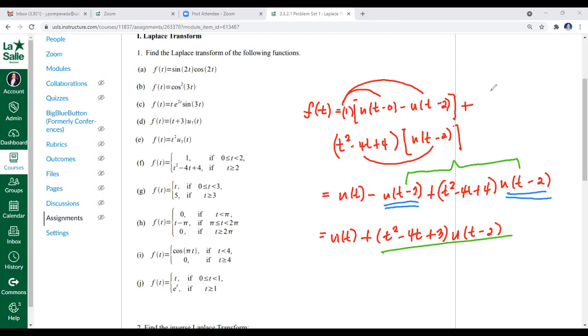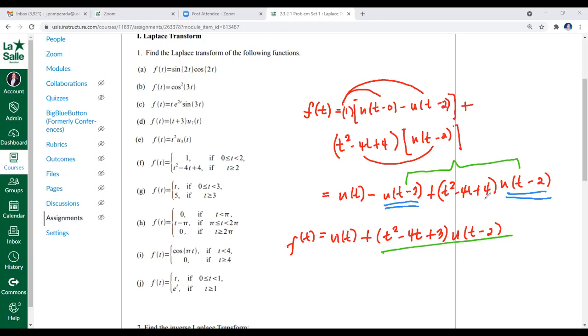Now, after you're done with combining or simplifying, because whenever you see unit step expressions in your function of t which are similar, you combine them. That way, you will not have difficulty later on in performing Laplace transformation. Now, this one is so easy to transform because the Laplace of the unit step function is simply 1 over s.